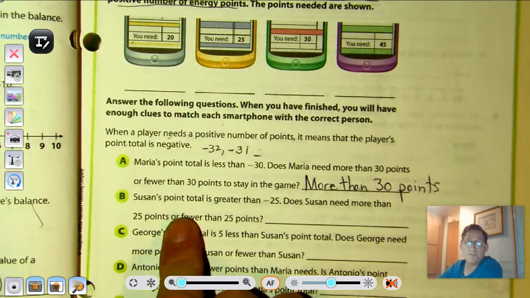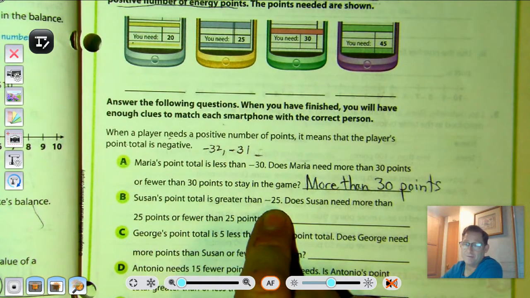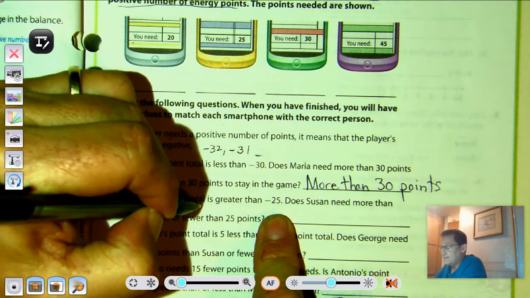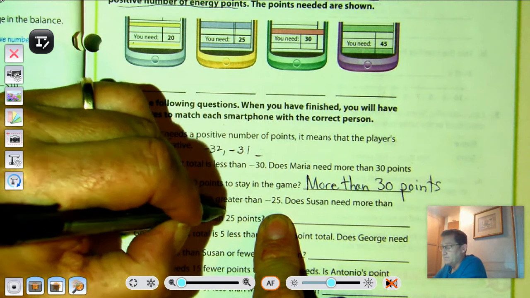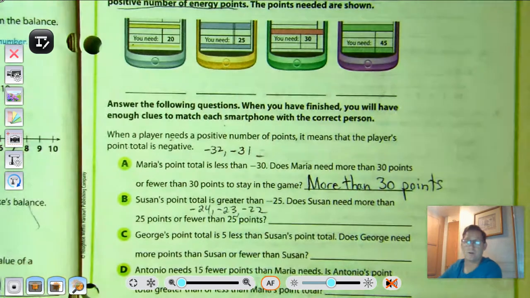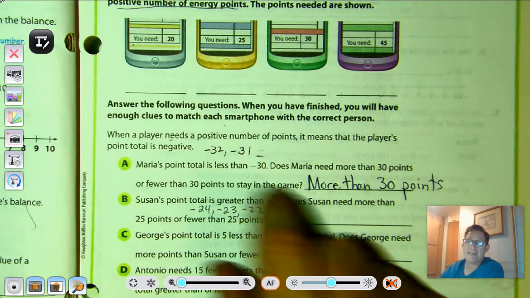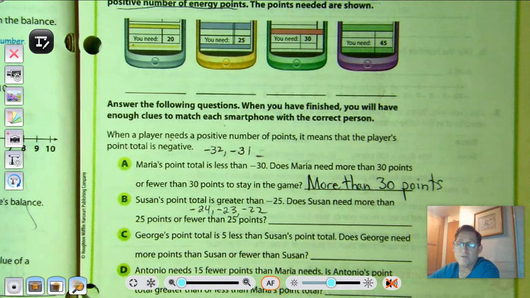All right, Susan's point total is greater than negative 25. So that could be negative 24, negative 23, negative 22, so on, right? Her point total is greater than negative 25. Does she need more than 25 points or fewer than 25 points?